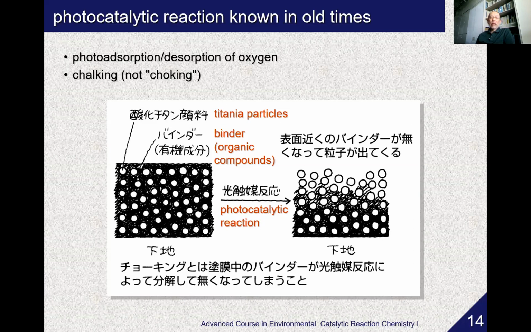Binder is the organic compound that binds those pigments, and therefore it is possible to paint on surfaces. And titanium decomposes those organic compounds to carbon dioxide.